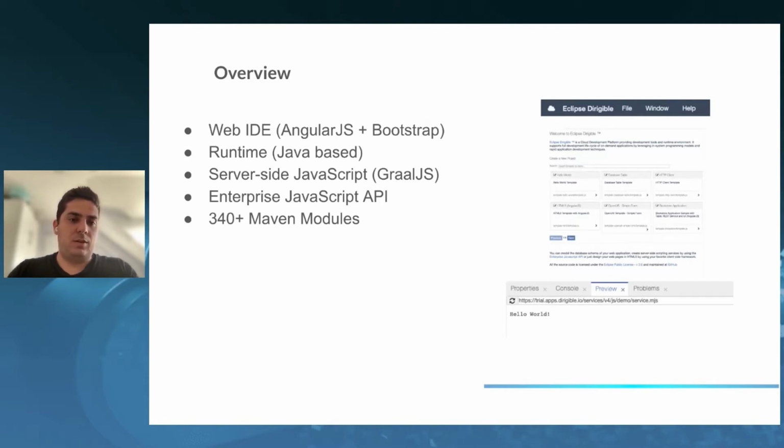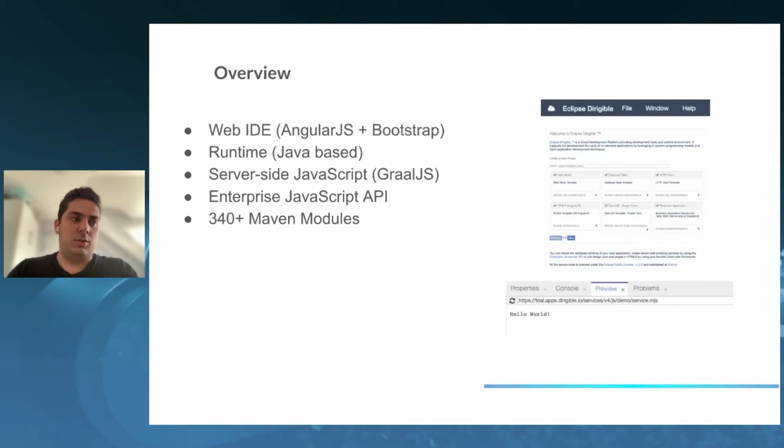I think that maybe I missed mentioning so far that the primary language that we use for development and for our target development model is JavaScript. You can say, cool, you have this Java backend, but how do you run JavaScript? We're using GraalJS.